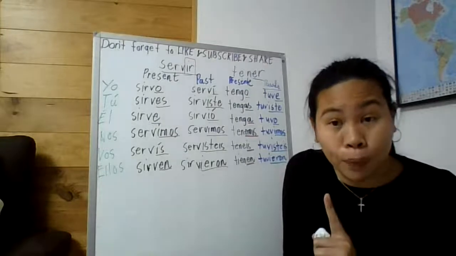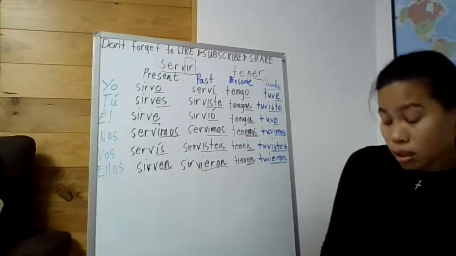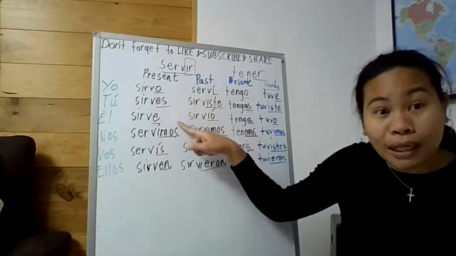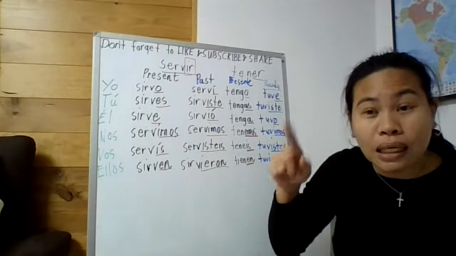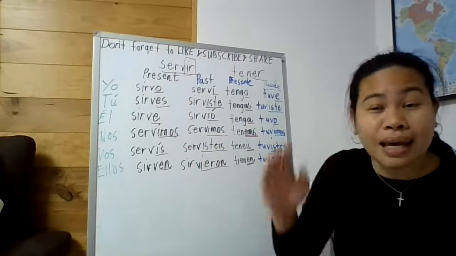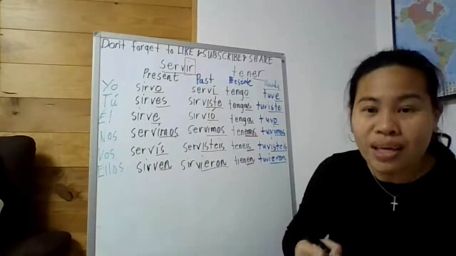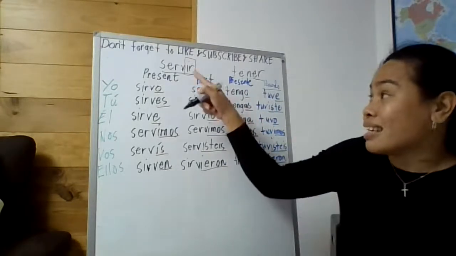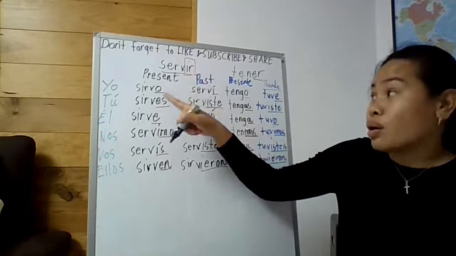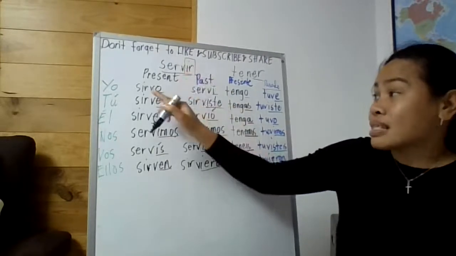For example, Rodillo, if you can see, I underlined the pattern. Try to practice that at home with different verbs. For example, verbs that end in IR, like servir: sirvo.